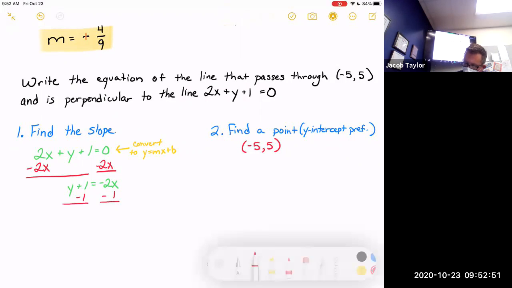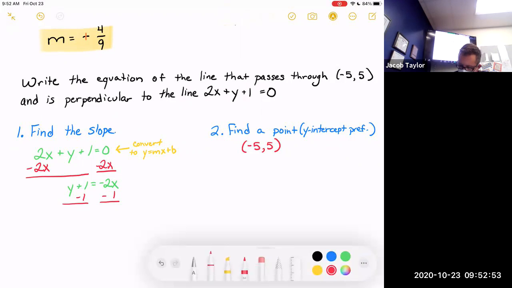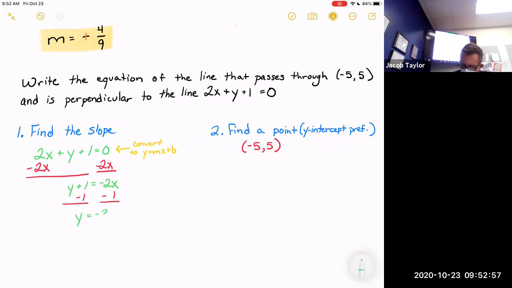And negative 2x minus 1 is going to give me negative 3x. That look good? So what's my slope? Negative, well, not the x, just the number. Oh, negative. Slope negative 3?